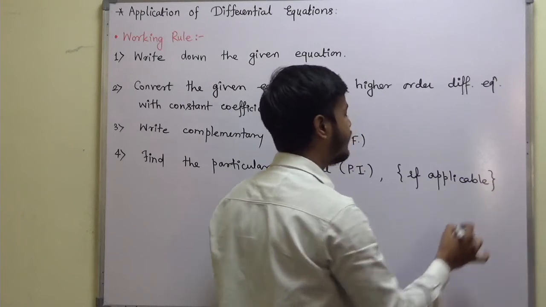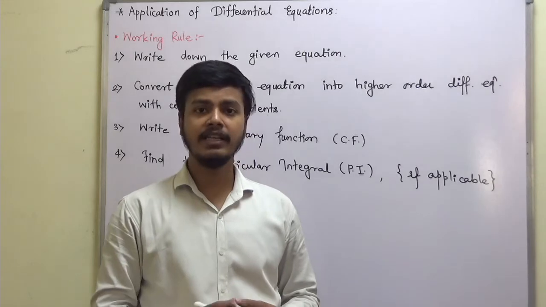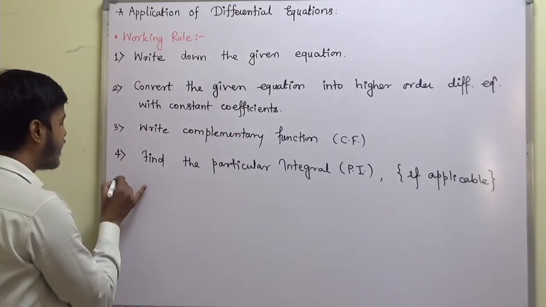If we have something on the right hand side, then only we have to find the particular integral, otherwise PI would be 0.